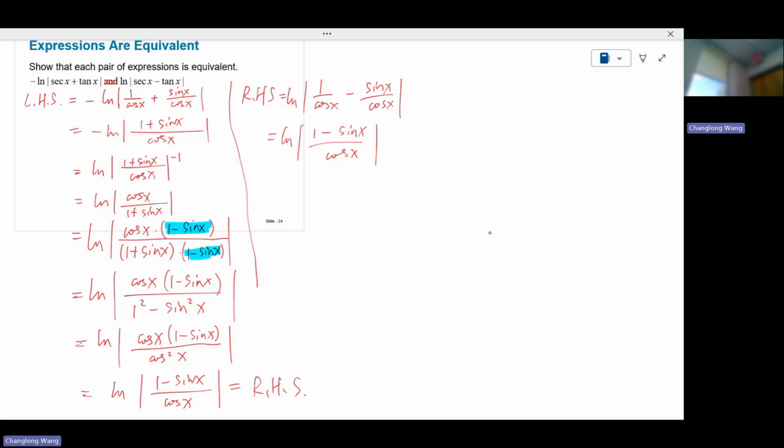So I want you to understand the logic behind why we decide to do this, instead of thinking, don't ask me why, if you see a binomial on the other side, go multiply the top and the bottom of the other side with the same factor. But your question will be, when do I do that? Do I do that every time? No, because that's like 1 out of 100 situations that you have to do. So you'd better understand the general strategy behind why you decide to do it.